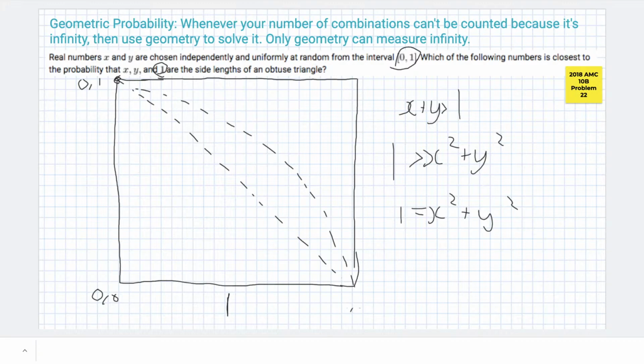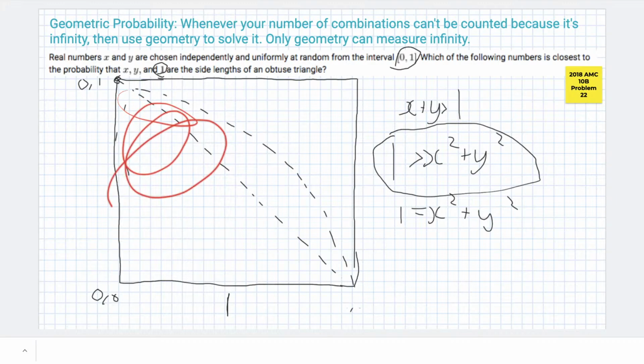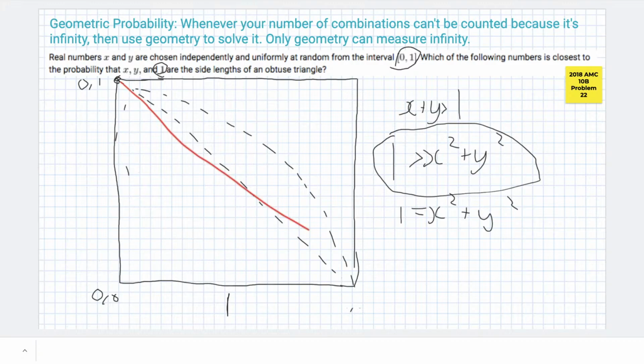And now the problem seems a lot more solvable. And since we want 1 to be greater than x squared plus y squared, we know that anything in this region will work. But it also has to be in this area also, which means it has to be the intersection, which is this.